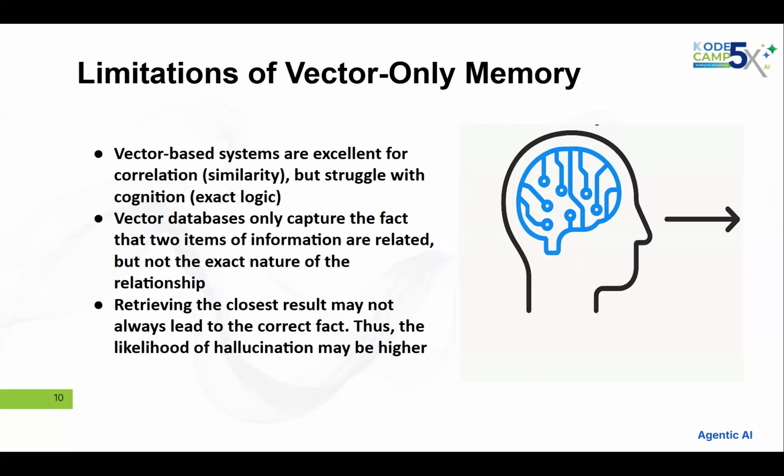So vector-based systems are really useful when we want to perform correlation, but they do not lend themselves well to exact logic. As we go further, we'll get a clearer idea of this.